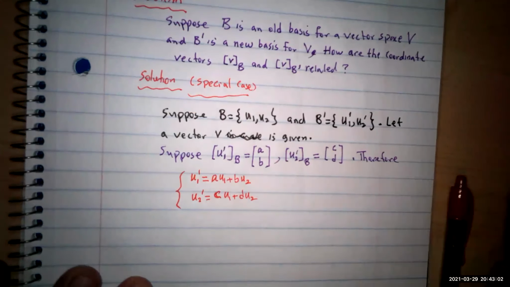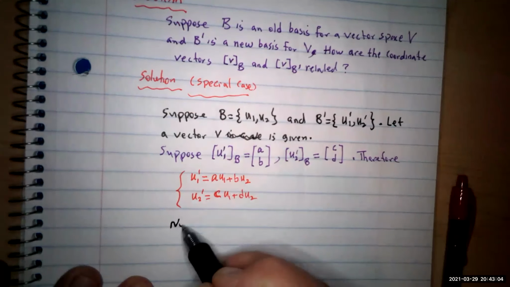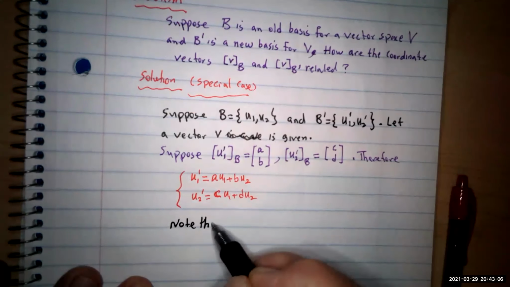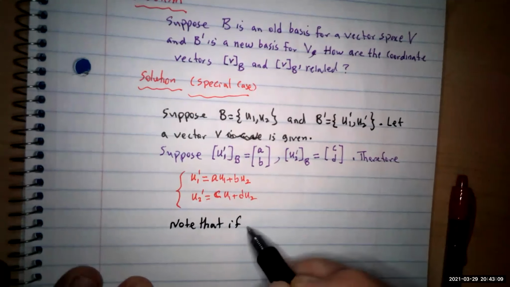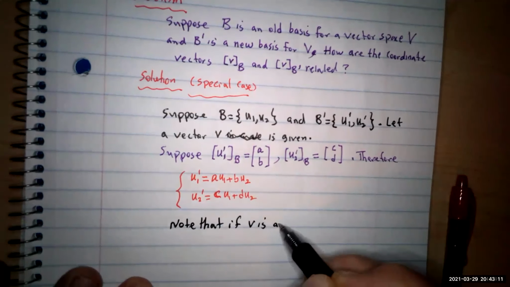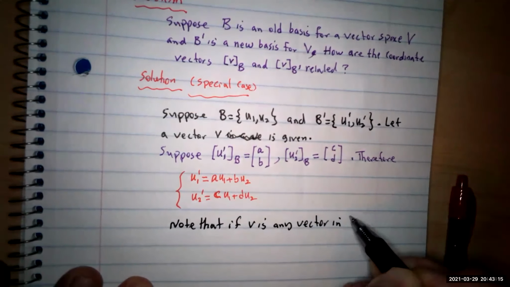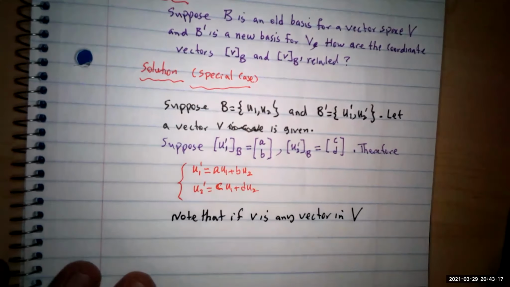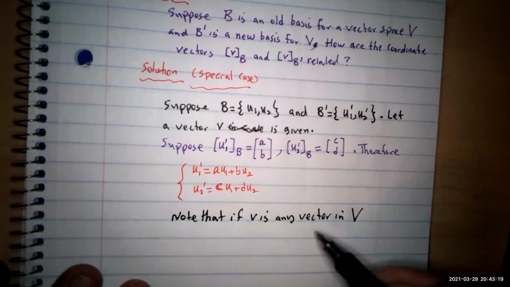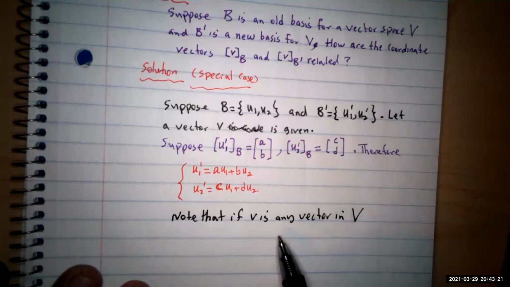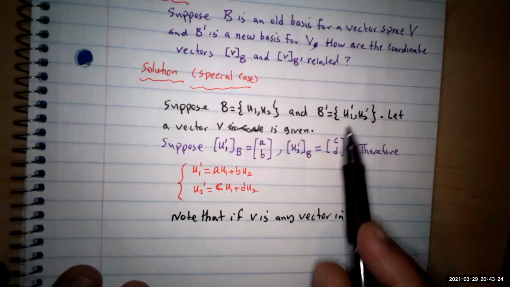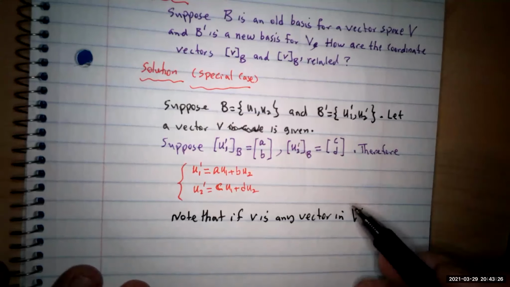Note that if v is any vector in the subspace V, then you can write it as a linear combination of these two.